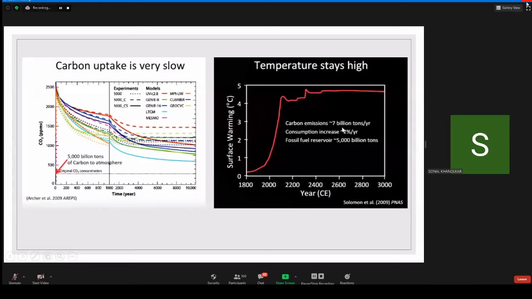The next question is from Saroj. Did the prehistoric mixing of the oceans, two layers, contribute to the Paleocene-Eocene thermal maximum? Yeah, it's a good question. If there is a lot of mixing, what happens? Taxonomy has advanced so much that we know that if there is a mixing of sediments, there will be a mixing of fossils as well.